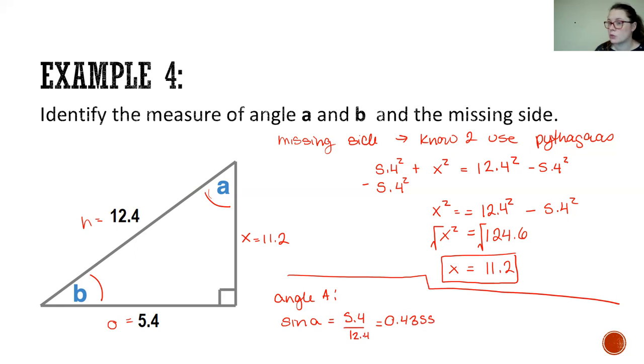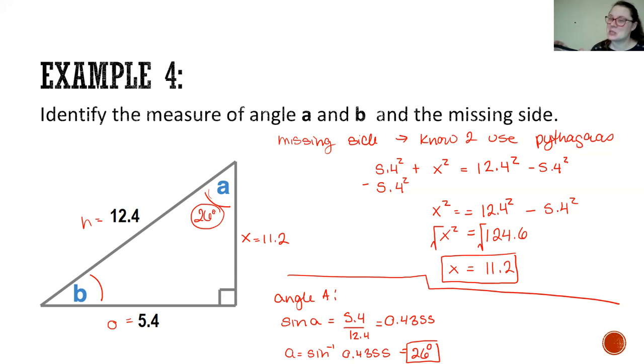So this is one of those cases where we keep the extra decimals. Then we're going to figure out, well, what is A? So A is equal to the inverse sine of 0.4355, which is 26 degrees. So this angle is 26 degrees.